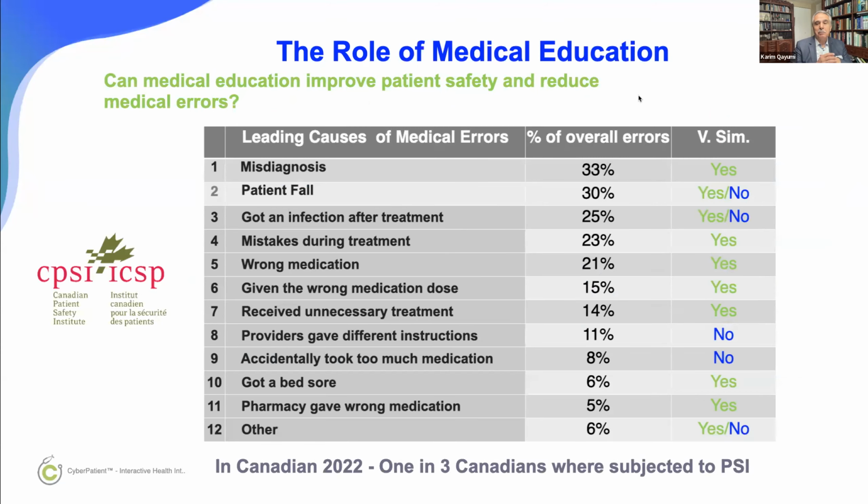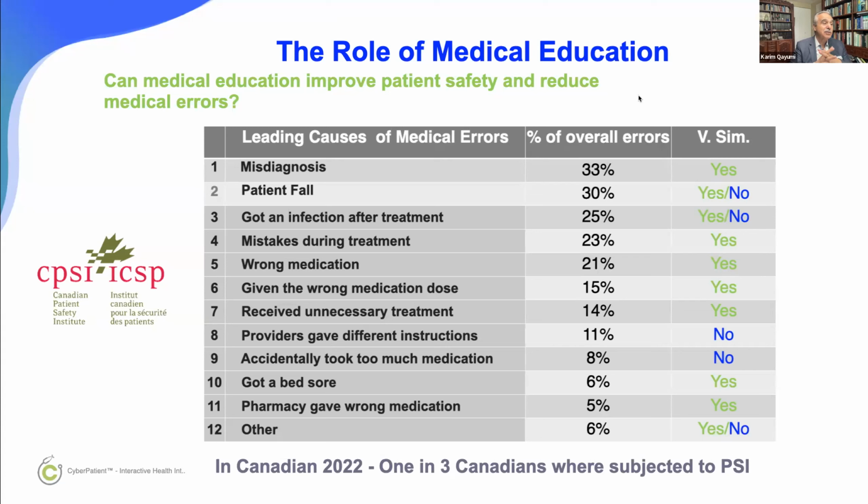So the million-dollar question here is, can medical education improve patient safety and reduce medical error? To answer that, let's look at this table that the Canadian Patient Safety Institute provided as a statistical analysis. In Canada in 2022, right now, 1 in 3 Canadians are subjected to patient safety incidents, even today.